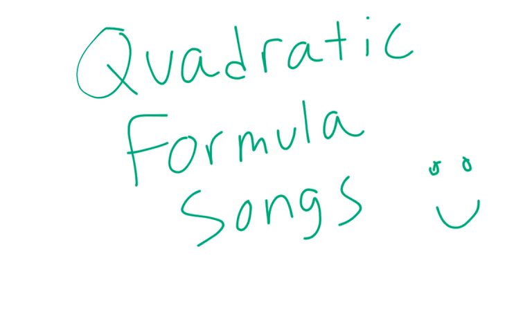Quadratic formula is a breeze. Identify A, B, and C. And you gotta plug them into the formula begin by setting it up. Here's how it goes. X equals negative b plus or minus the square root of b squared minus 4ac all over 2a.